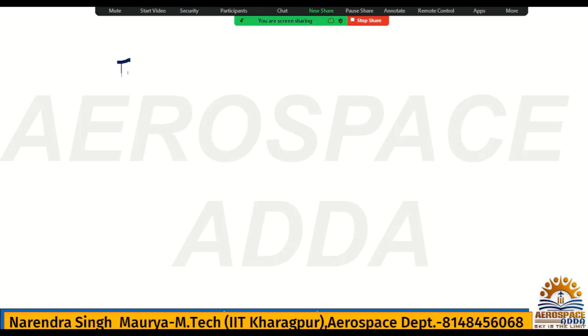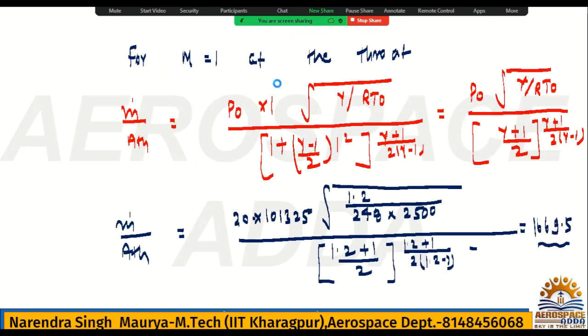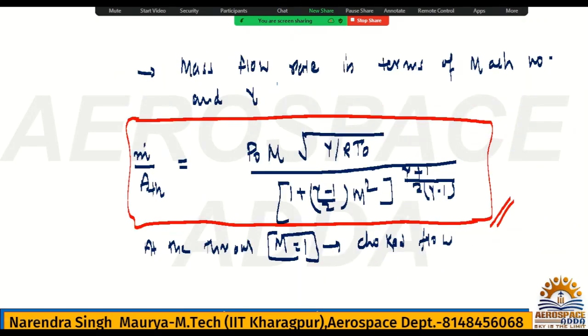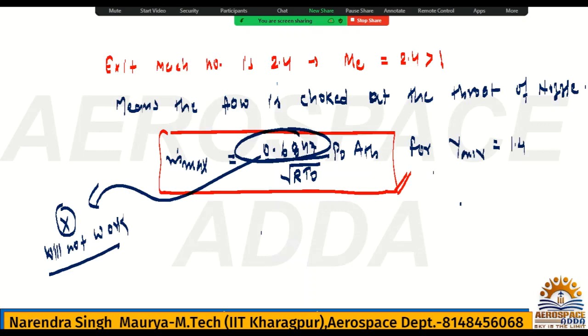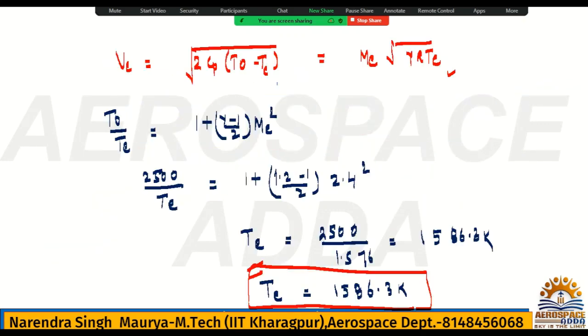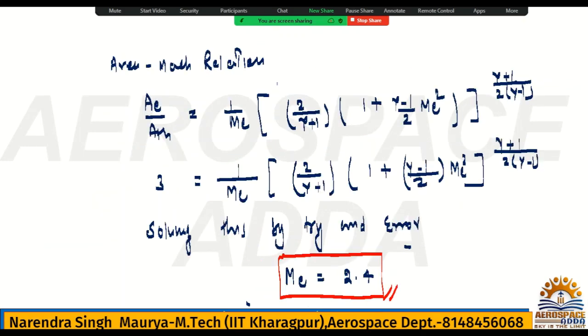What is the thrust per unit area? It is nothing but T divided by A_th. I showed you the other formula previously.